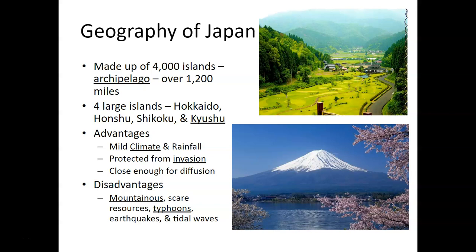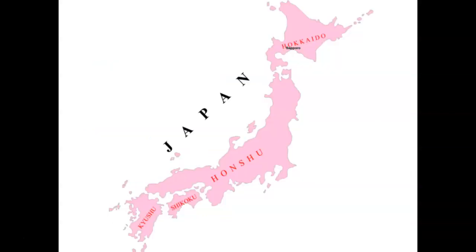Typhoons are just the eastern hemisphere's version of hurricanes, if you want to know. They can hit very hard, and we've seen that in recent years with a tsunami hitting Japan, and earthquakes causing problems for Japan, and this has been going on throughout their history.